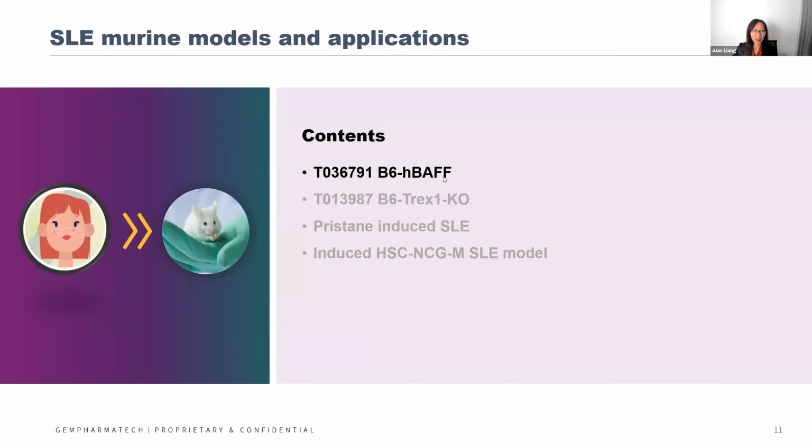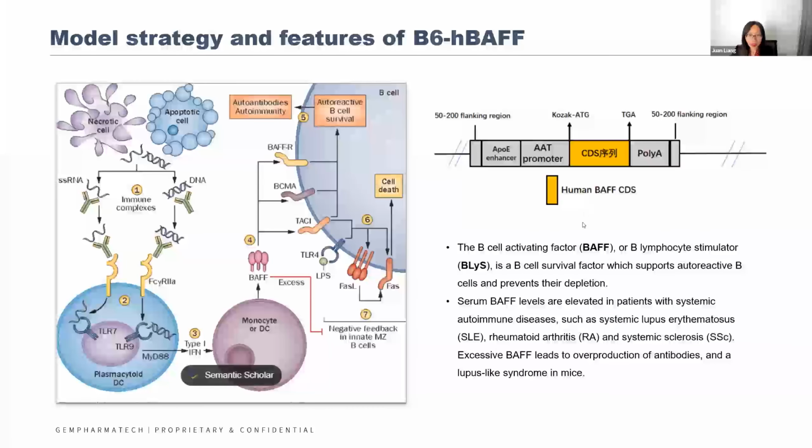Here I will give the details of our SLE mouse model manifestations, and also give some cases for drug efficacy studies. The first SLE mouse model is the humanized BAFF mice. BAFF is the B-cell activating factor. BAFF is a B-cell survival factor which supports autoreactive B-cells and prevents their depletion.